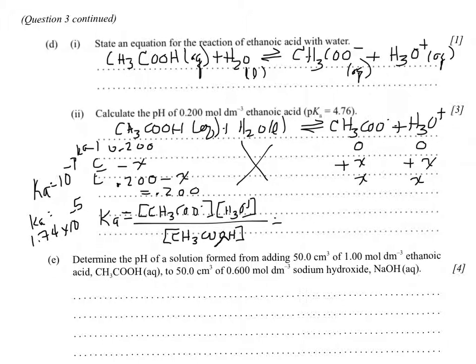So 1.74 times 10 to the negative fifth is equal to x squared over 0.2. Using your calculator, x is equal to 0.00186, which is the hydronium concentration, so the pH is the negative log of that, and I get a pH of 2.73.